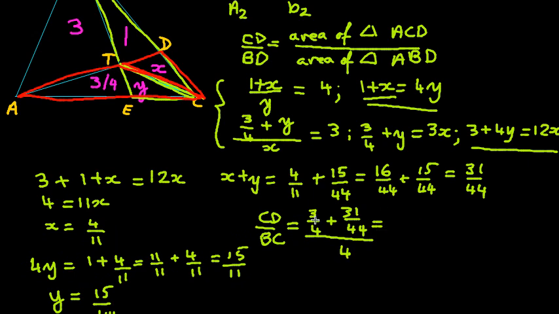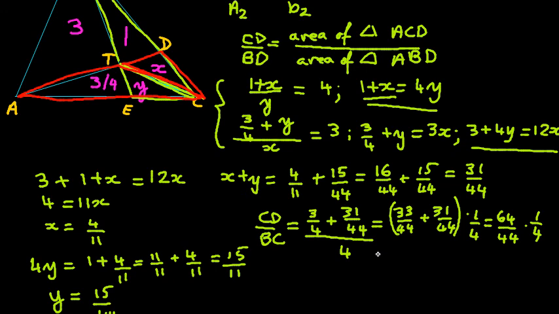So let's use a common denominator here, 44, meaning multiply the 3/4 by 11, top and bottom. So we get 33 over 44 plus 31 over 44, divided by 4, which is the same as times 1/4. And this is 64 over 44 times 1/4.